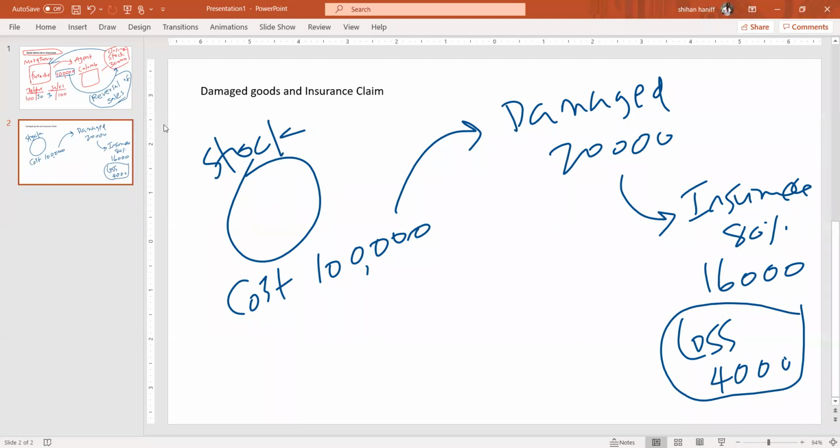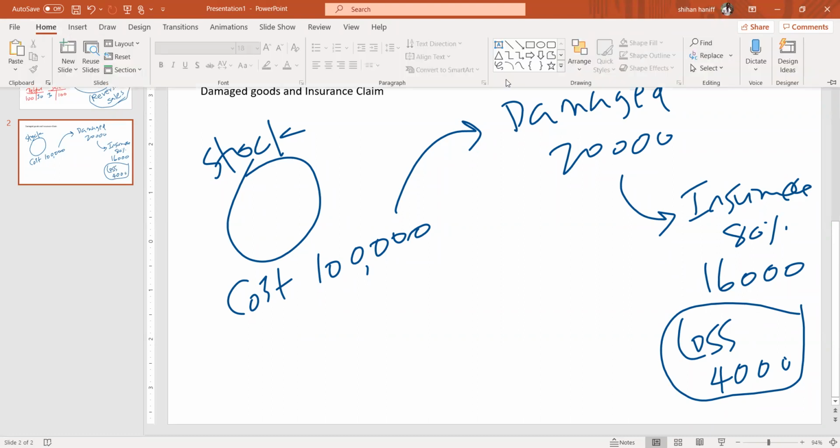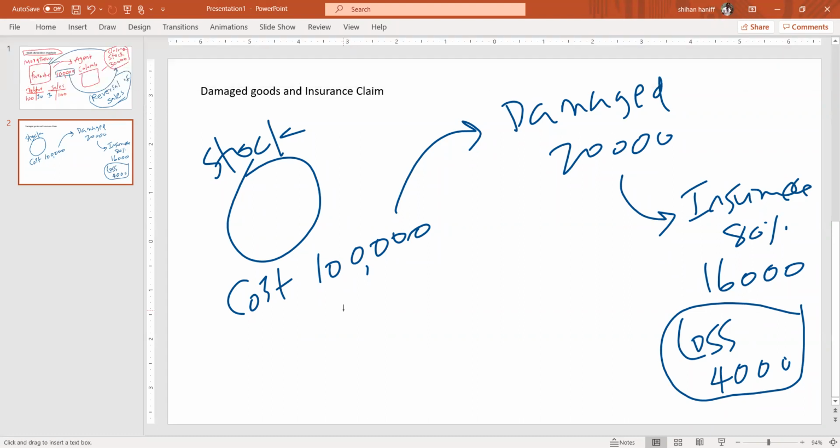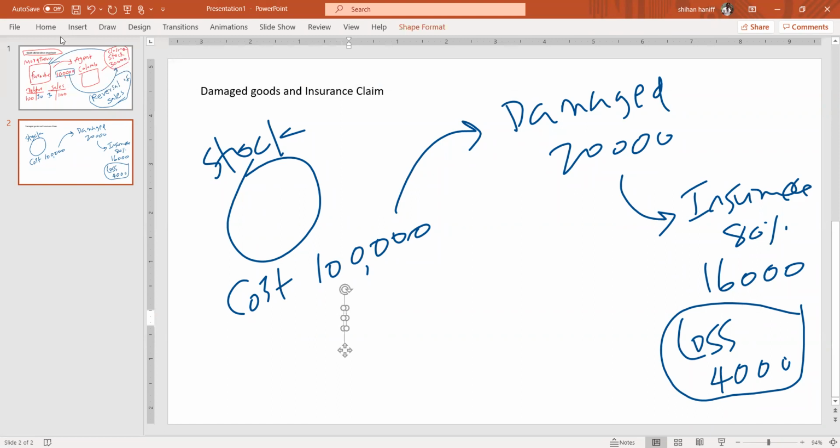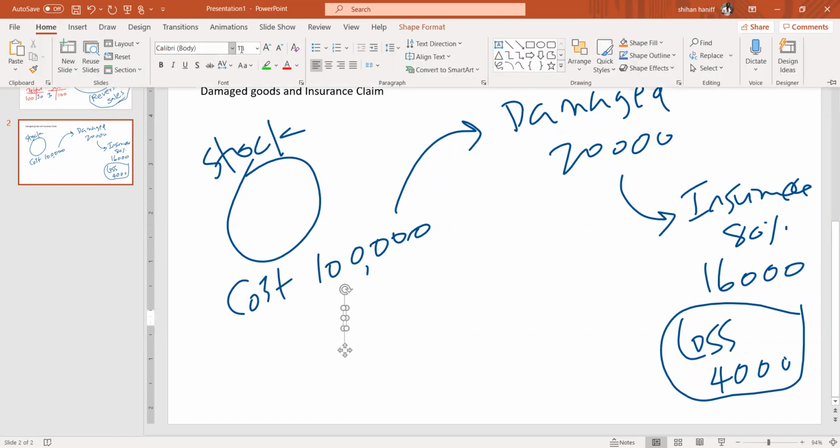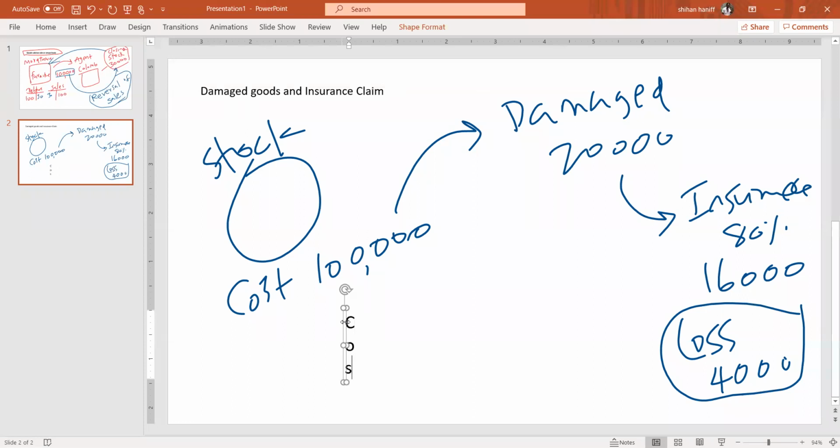Then I will give the double entry for this. Important thing is the double entry. The damaged stock amount will be deducted from the cost of sales.